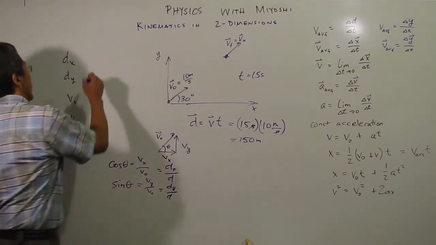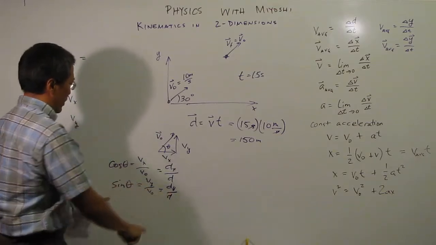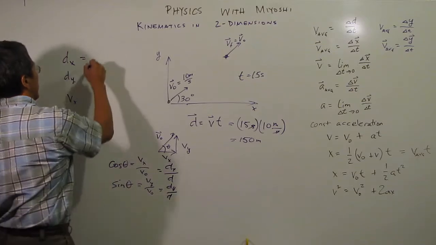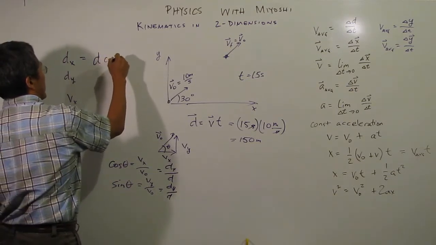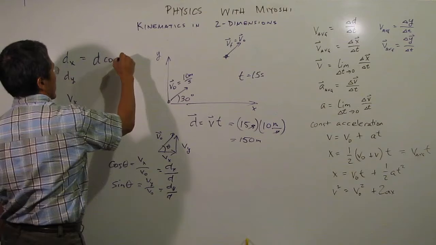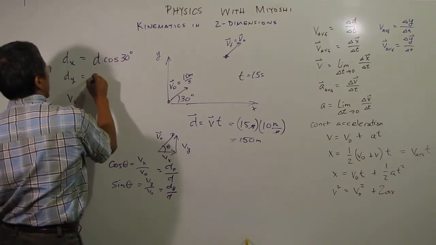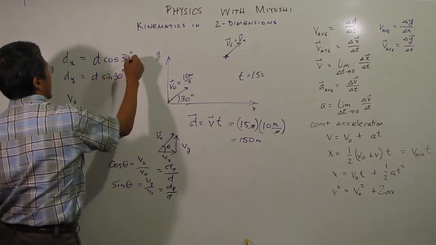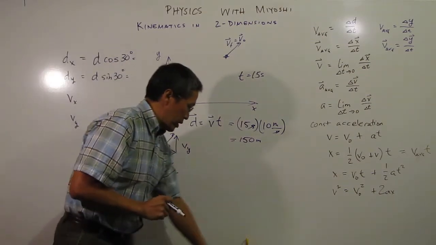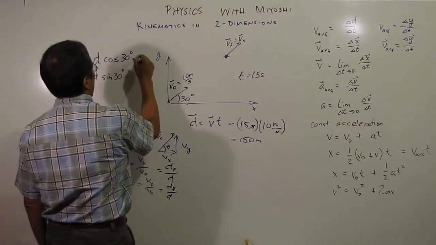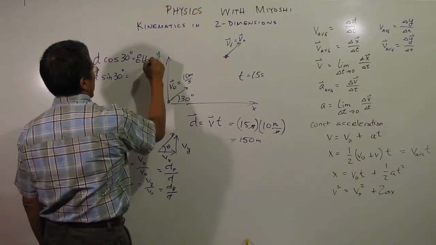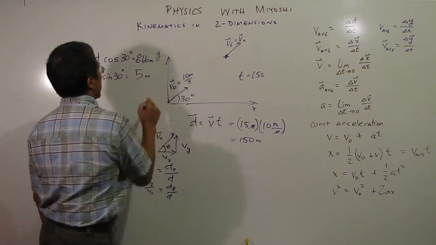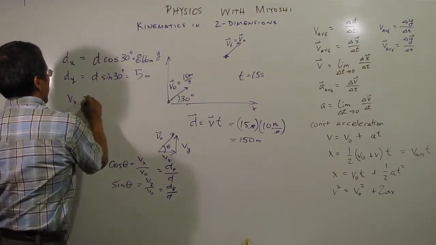In the case of dx, I'd rearrange this equation, and we'd see that dx is d times cosine theta, or in this case 30 degrees. dy is d times sine of 30 degrees. I could do the math, and this ends up being 8.66 meters, and this ends up being, should be half, 5 meters. This guy here, the same.